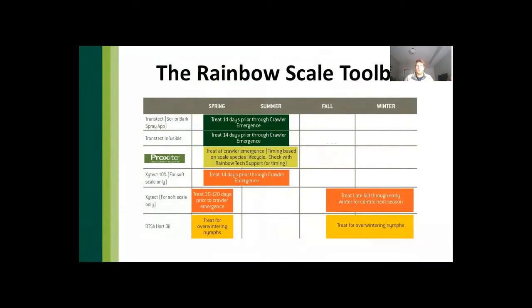So we're going to start in the dormant stages in maybe early spring prior to the development of the plant, where we're going to start with our dormant oils, with our TSA horticultural oil, and then we'll move through the calendar from spring to summer and then back into fall of what you might be looking at for a scale insect. So keep that in mind as we go through each of these, and we'll get into a little more depth with each tool on each program.